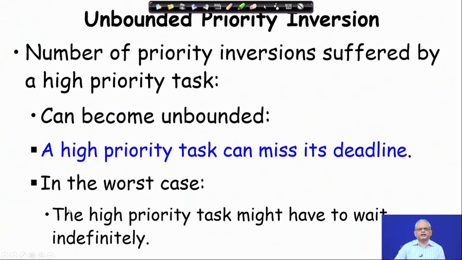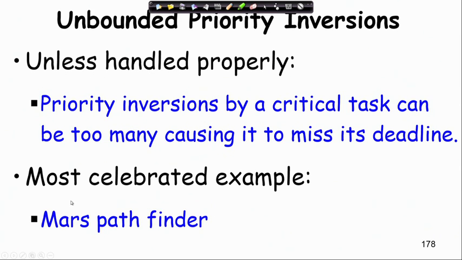If the problem is not taken care of, then when the worst case situation arises, definitely the high priority task will miss its deadline. Let me repeat again that unless a real time application developer handles the unbounded priority inversion problem properly, there will be too many priority inversions and a critical task can miss its deadline.